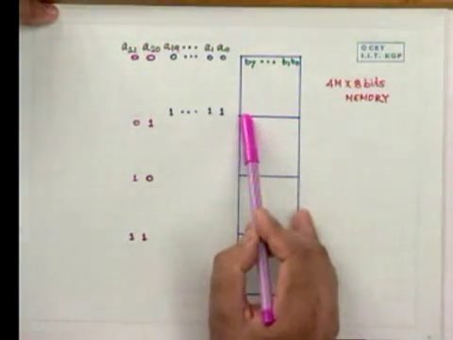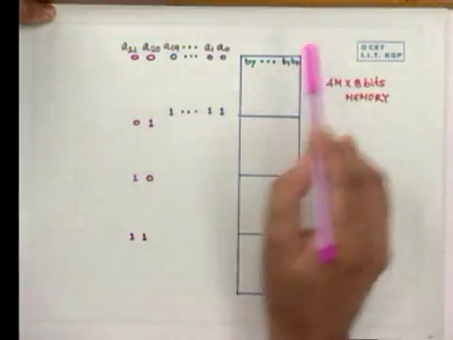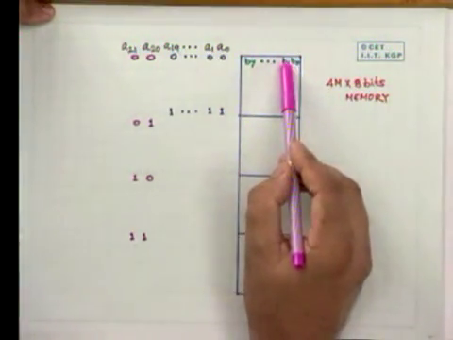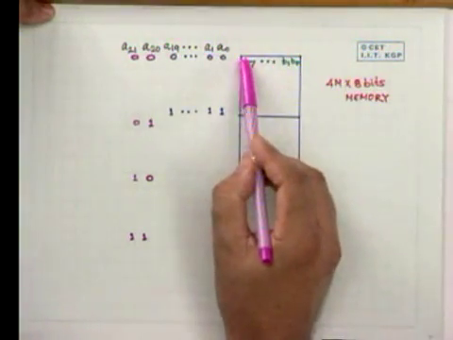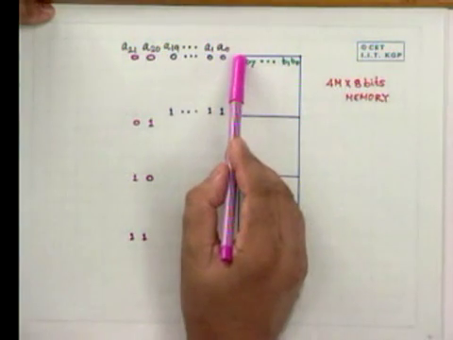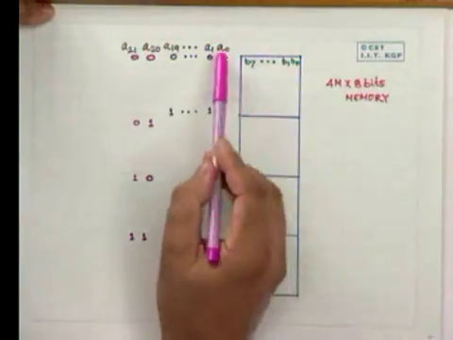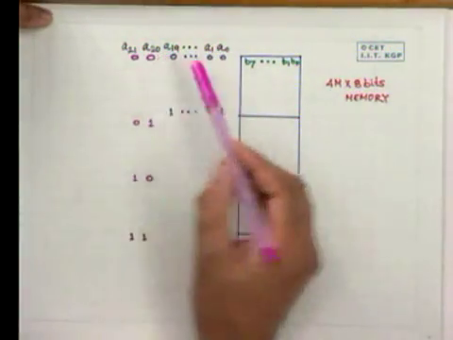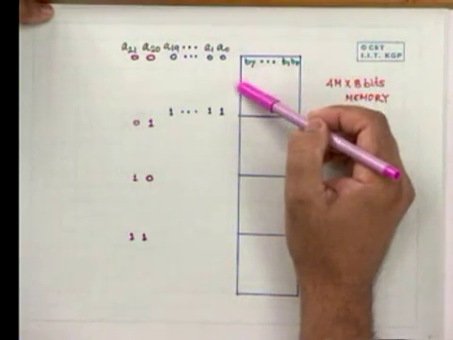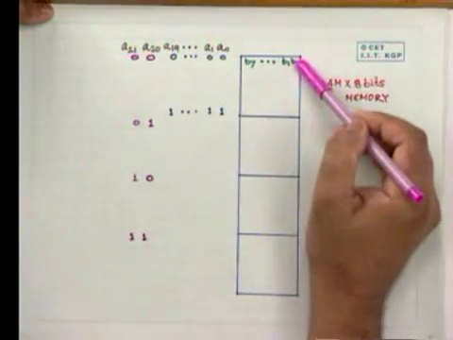Each box is of 1 megabyte, for example, and B0, B1 to B7 are the 8 data bits. 20 bits are needed for this 1 mega addressing, that means from A0 to A19. These 20 bits will be needed to access any of the bytes in this memory portion.